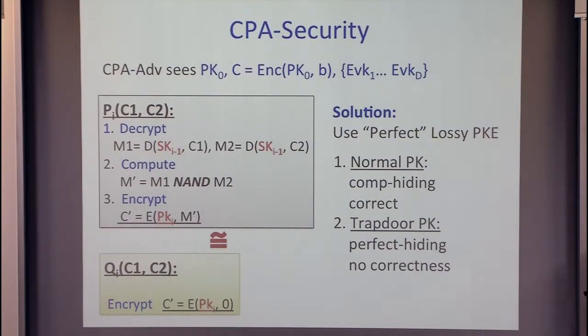The other is the trapdoor mode, which actually has perfect hiding property and no correctness requirement at all. It's because it doesn't have any correctness requirement that perfect hiding is possible. And note that I cannot work with just any lossy public key encryption scheme. I actually need the hiding property to be perfect. It isn't enough to be statistical.